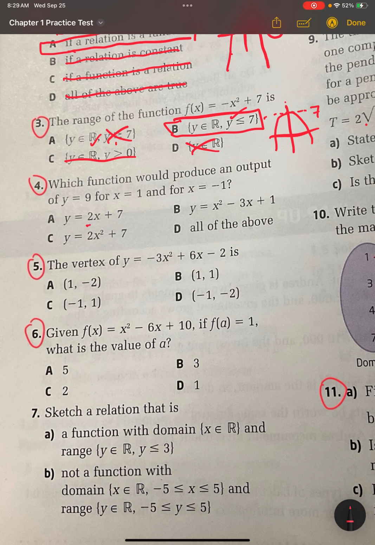Well, probably not this because it's linear, right? So it's probably only 9 once, for whatever linear equation that is. So probably not that. And if we want, we can substitute it. If it's 1, 2 times 1 plus 7 is 9. But if it's minus 1, 2 times minus 1 plus 7 is minus 2 plus 7 equals 5. So that's not true. We already know that.